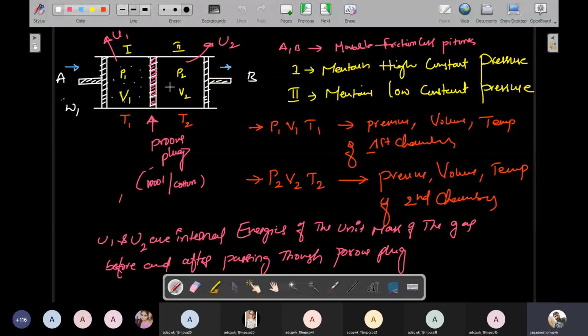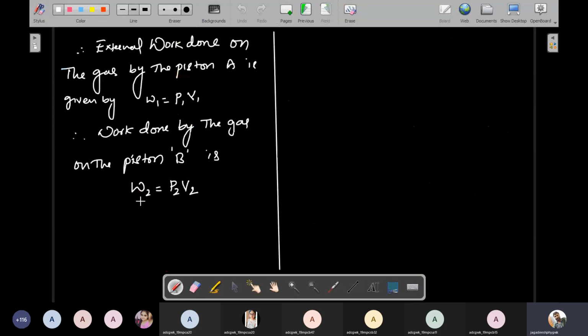This volume will push the piston B. So now the gas will be doing some work to push the piston B. That's why here work done by the gas I'm using. So therefore W1 is equal to P1 V1, W2 is equal to P2 V2.